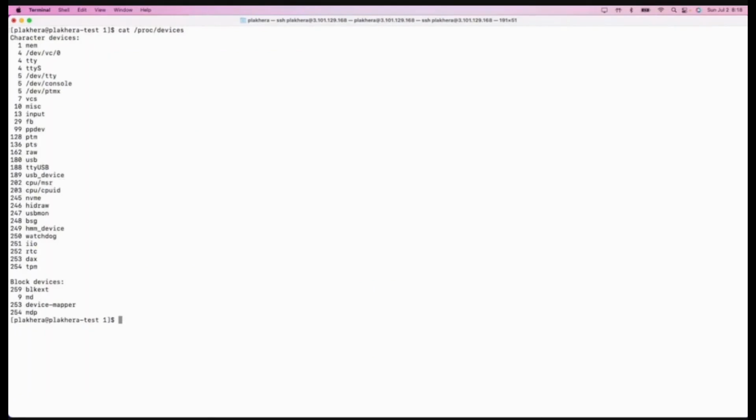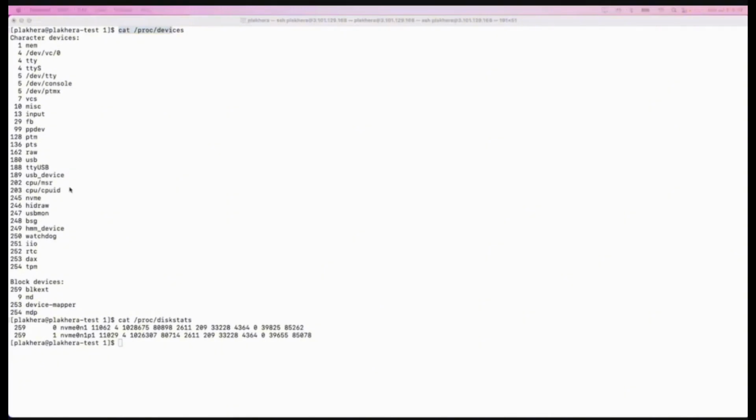Some of you might be aware of files like /proc/devices or /proc/disk. What started happening is that the kernel developers started putting disk-related or device-related information into /proc, and that's why this file system got cluttered up.